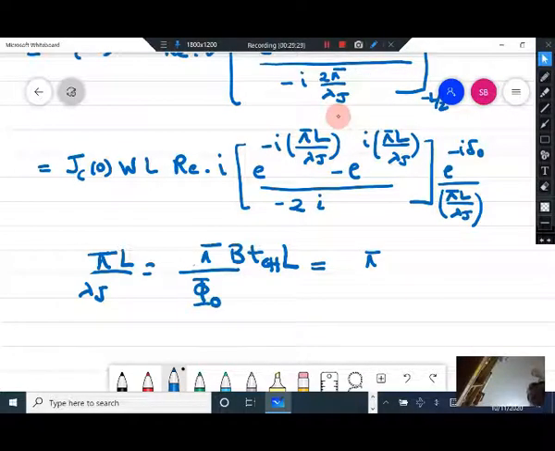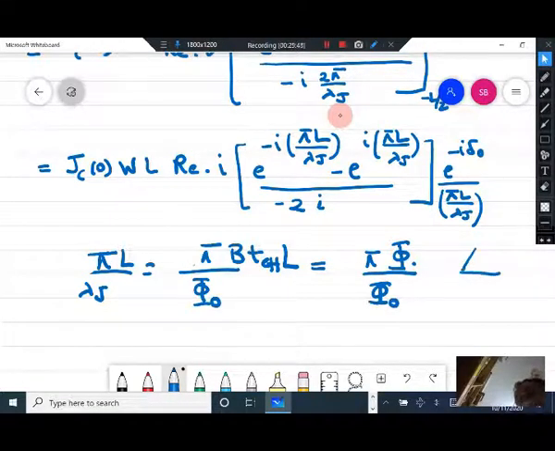This B into T effective into L is nothing else but the flux which is enclosed by the entire junction, phi divided by phi 0.